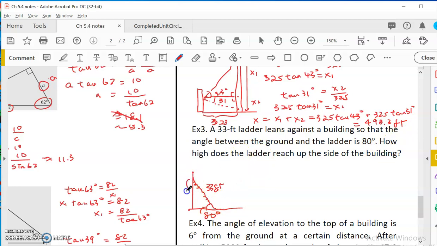So that means what is h here? Okay, so we have this side, relative to 80 degrees. This is the hypotenuse, and that's the O. O and hypotenuse, that is SOH. So that means sine of 80 degrees is equal to O over H. Maybe I'll call it x because H means hypotenuse, so it's very confusing.